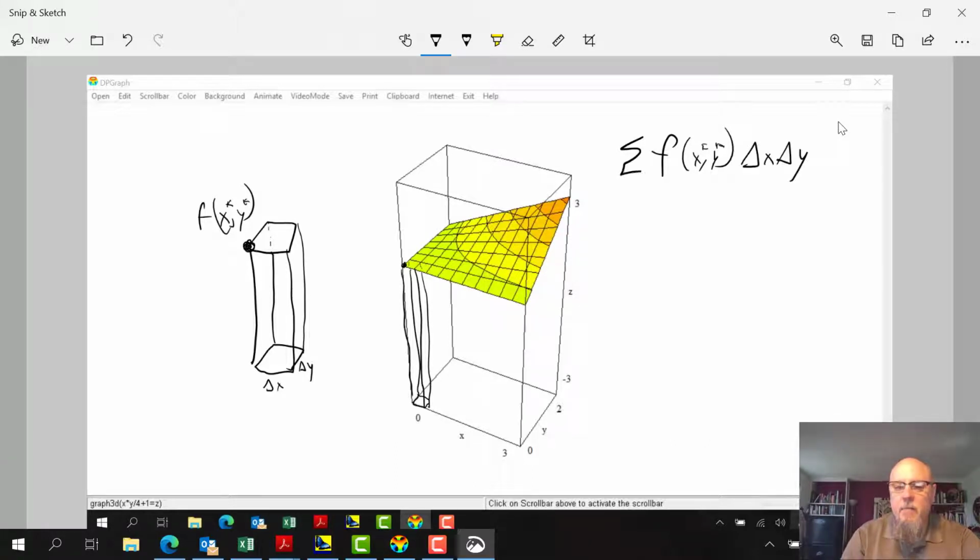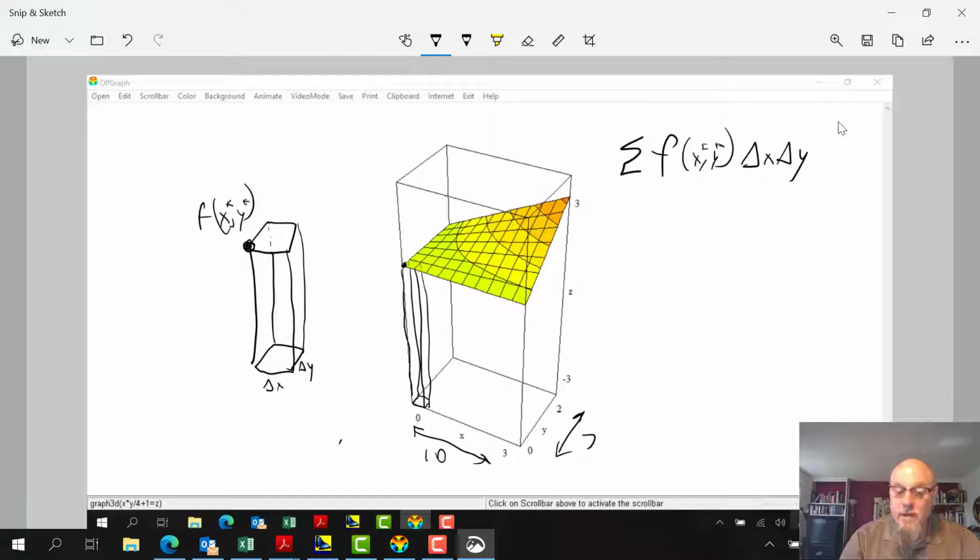And we're going to sum that up over, we've decided to split this up into 10, and this up into 7. So our delta x in this case is 3 divided by 10. Our delta y is 2 divided by 7.